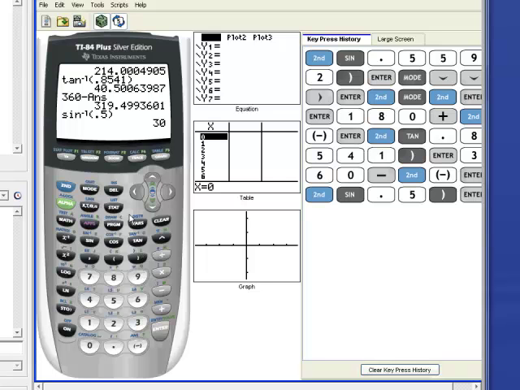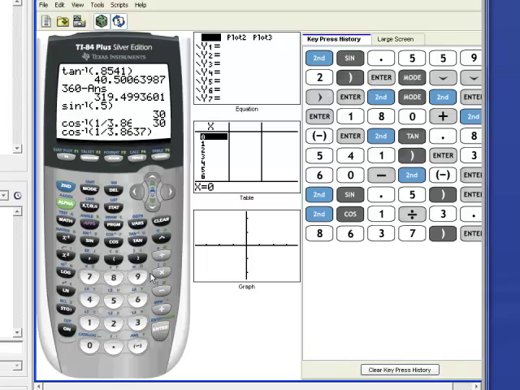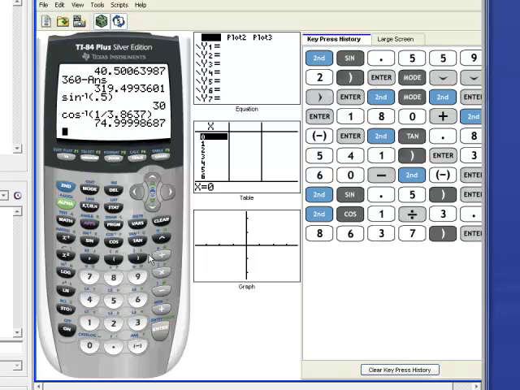The next one is going to be the secant of theta equals 3.8637. So that's the secant, so we have to look at the cosine. Secant is 1 over cosine equals 3.8637. So we're going to do inverse cosine of 1 over 3.8637. And we come up with a reference angle of 75.0 degrees.